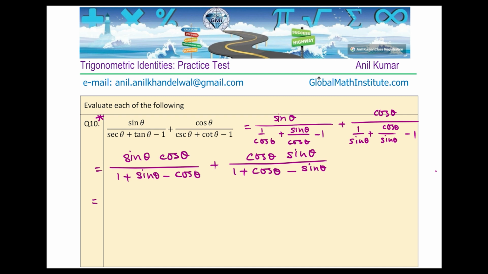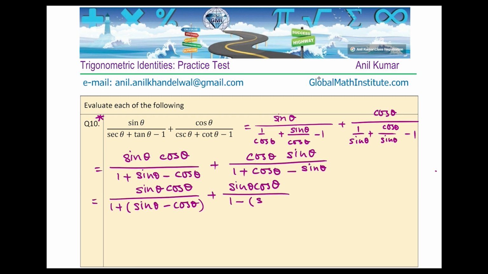So we have sine theta cos theta in the numerator divided by, I can write the first term as 1 plus sine theta minus cos theta, and here sine theta cos theta is in the numerator. I can write this as 1 minus sine theta plus cos theta, correct?